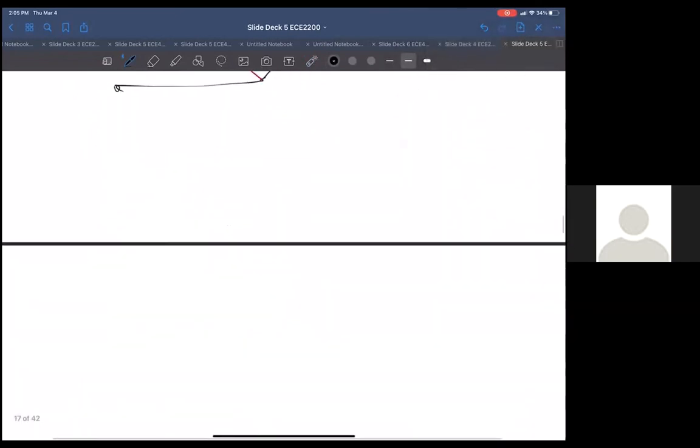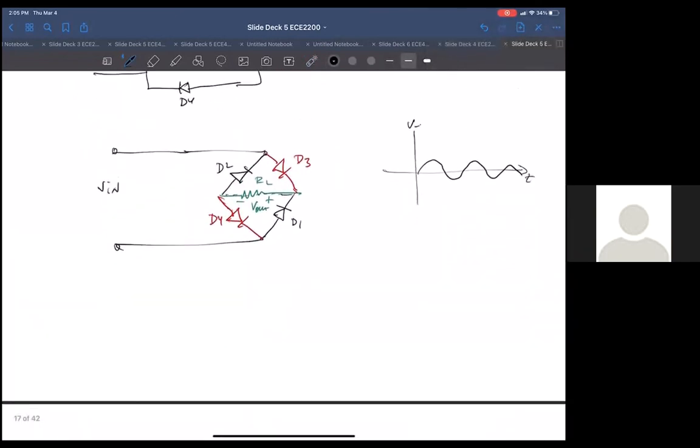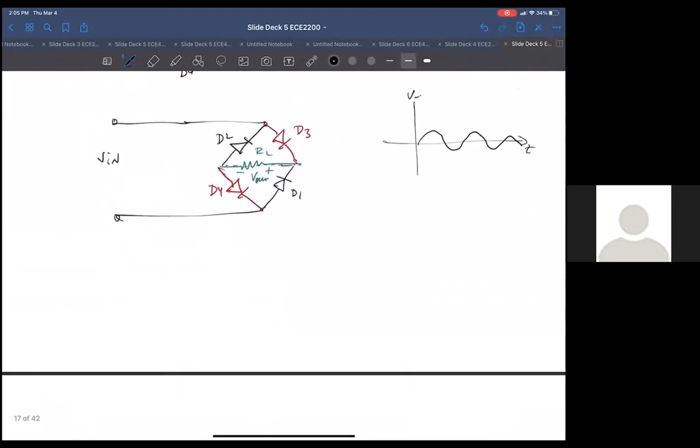First of all, in the positive half cycles of Vin, so basically we're just looking at here, here, here.